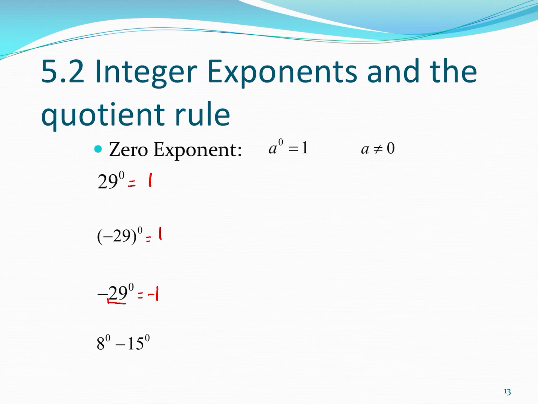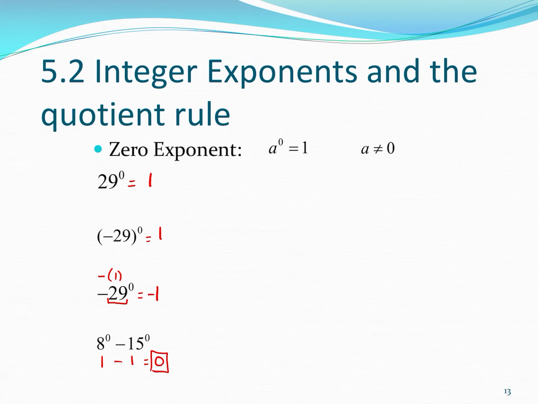And then if you look at the next one, if you take a negative 29 to the 0 power, what is that? And some of you are saying 1. No, it's not 1. This one actually is negative 1. And the reason is because this 29 is your base. The 29 to the 0 power is 1, but then it's a negative 1. So that's where the negative 1 comes from.